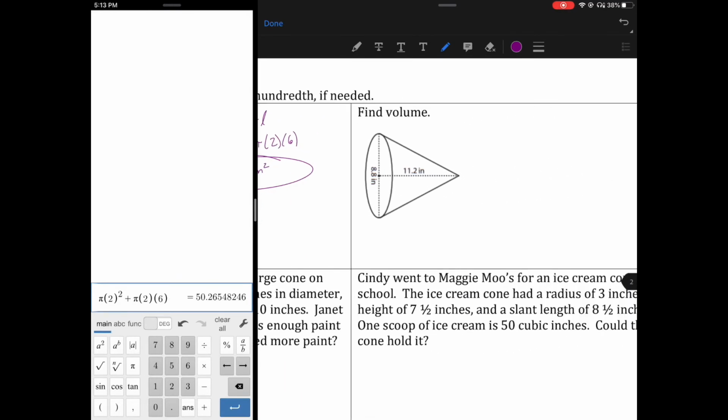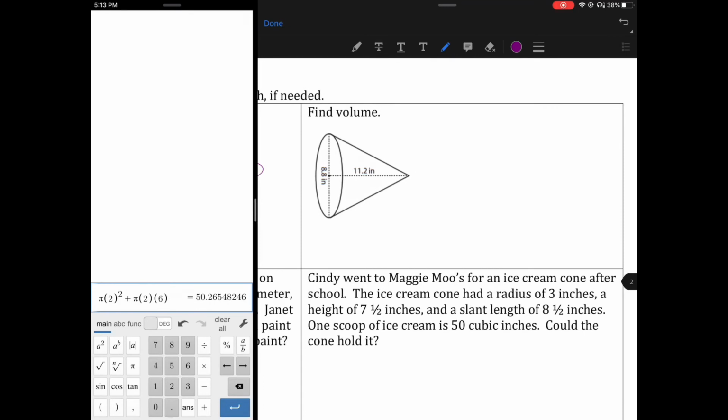For our next problem, we're asked to find the volume. The volume of a cone is going to be 1/3 pi r squared h, and that's on your formula sheet. Where r is our radius, so it's half of the distance across the circle, and our height is h. And let's plug that in. 1/3 pi.